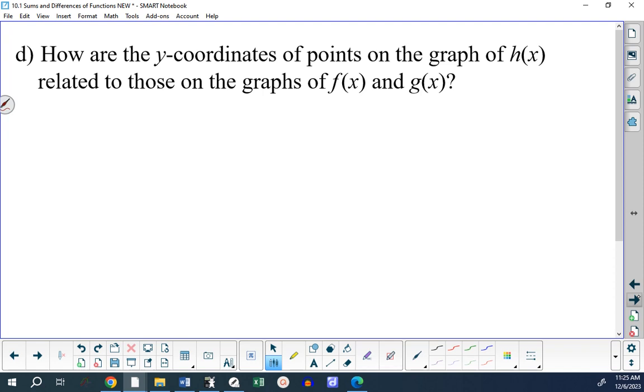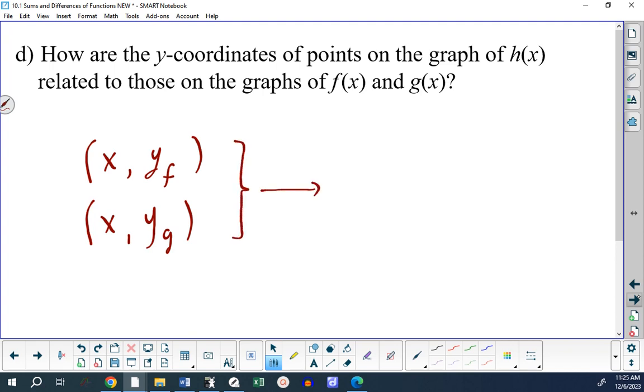We've already said this, that for any particular pair of points that have the same x coordinate on f of x and g of x, they combine to produce a new point with the same x coordinate, but whose y coordinate is the sum of the 2 y coordinates.